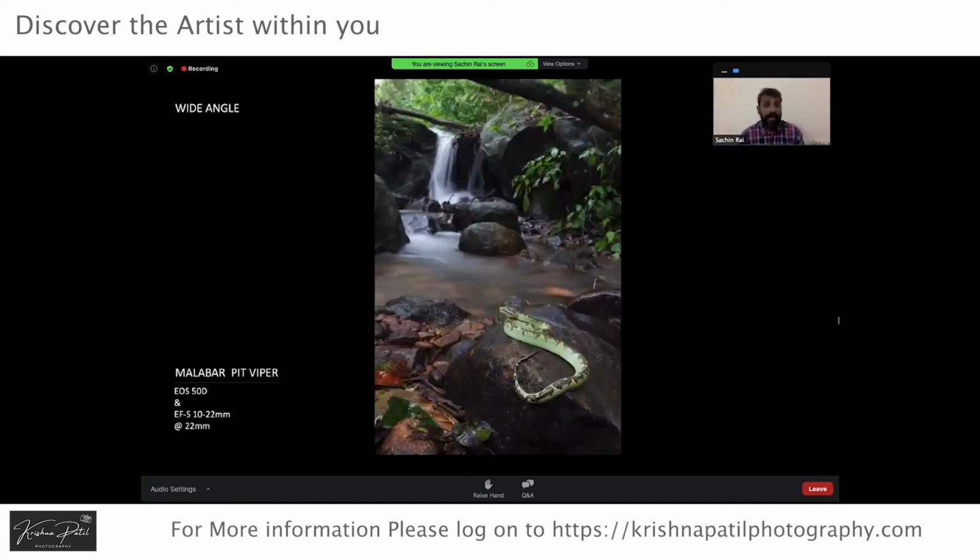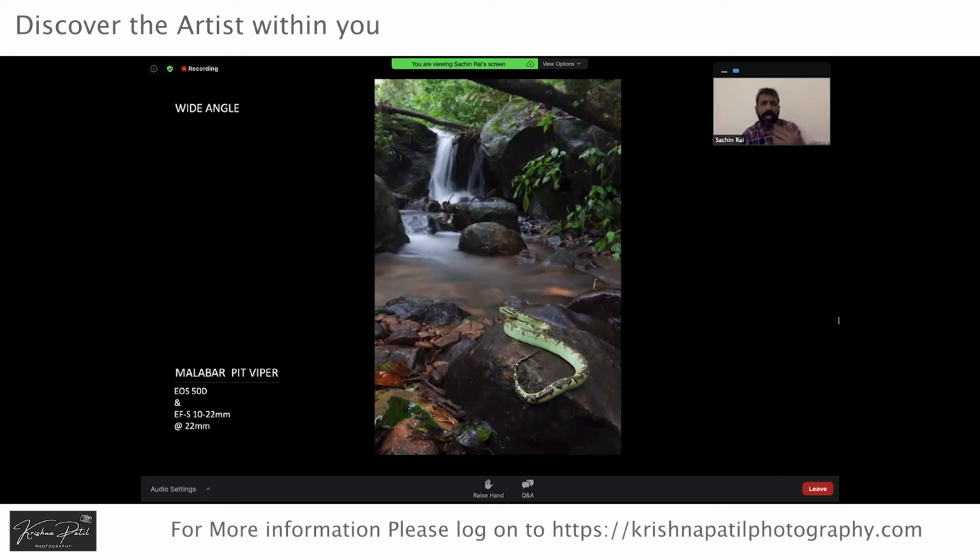A Malabar pit viper snake, again endemic only to the Western Ghats in the entire world, starts from Maharashtra to Kerala. These guys are found only in these 4 states in our country: Maharashtra, Karnataka, Kerala, and Goa. Now, a Malabar pit viper. Why would I want to place it at the bottom? Because there is the waterfall behind.